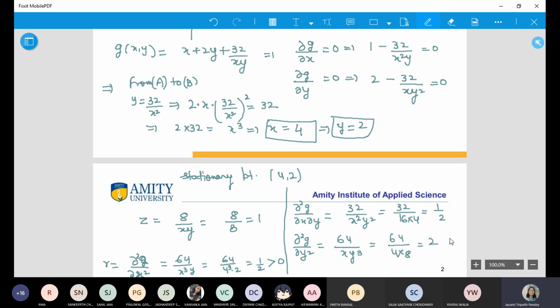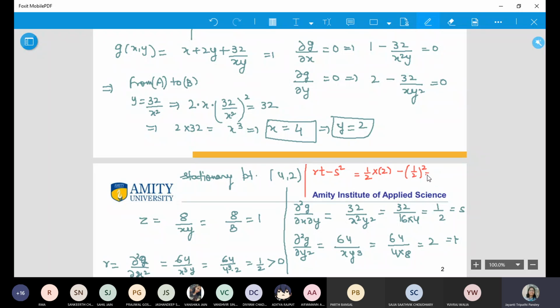Now this is your r, this is your s, and this is your t. So we have to check it for rt minus s square. r is half, t is 2, s is half.